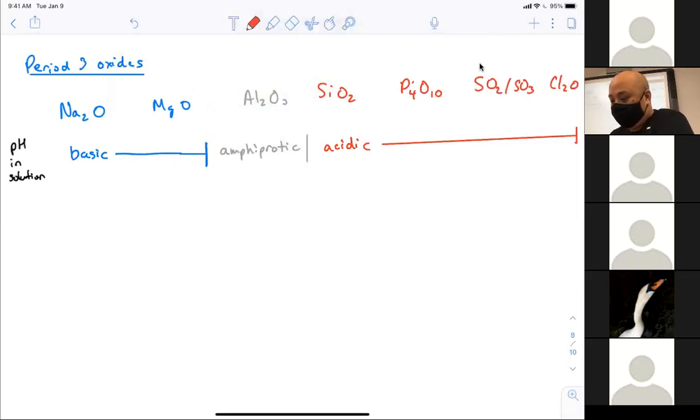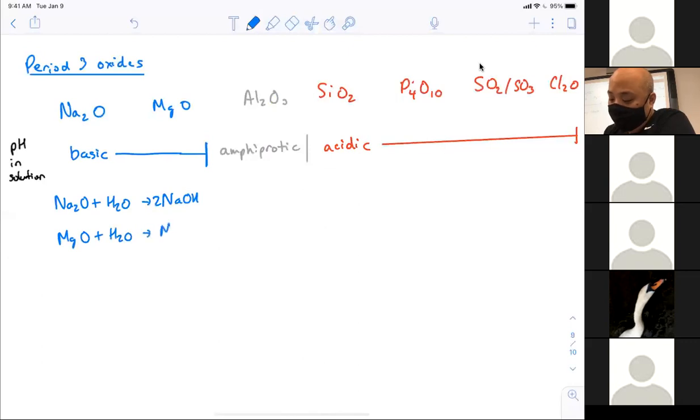So pH in solution: Na2O and MgO form basic solutions. Al2O3 is amphiprotic, kind of neutral. And the rest of them going to the right, the non-metal oxides, are acidic. Now, there are a couple of reactions you need to know. Na2O plus water makes NaOH. That verifies the fact that it's basic. And MgO plus water makes Mg(OH)2.